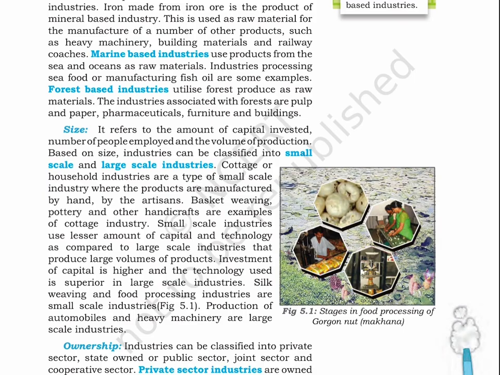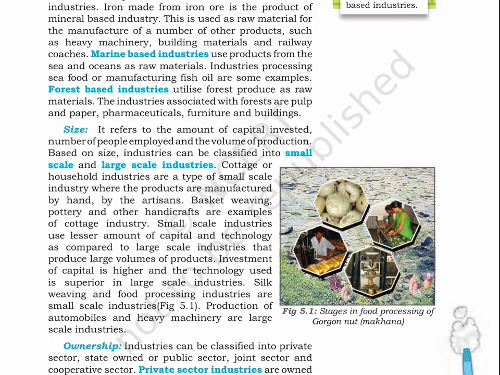Silk weaving and food processing industries are small scale industries, which is shown in figure 5.1. Production of automobiles and heavy machinery are large scale industries. On the right side, there is an image of stages in food processing of Gorgon nut, makhana, which is numbered as figure 5.1.